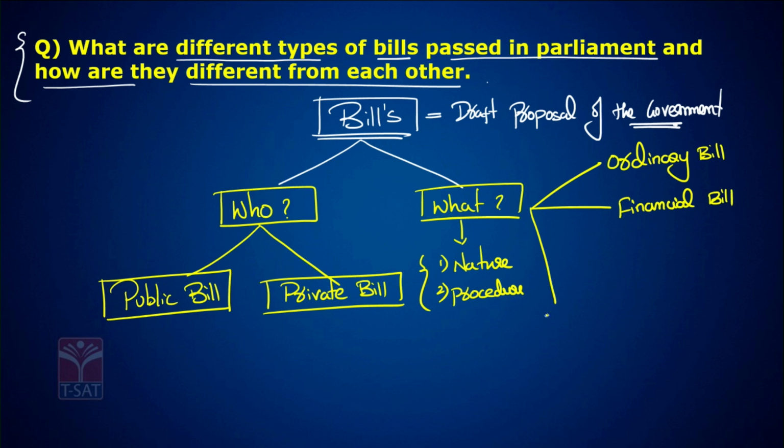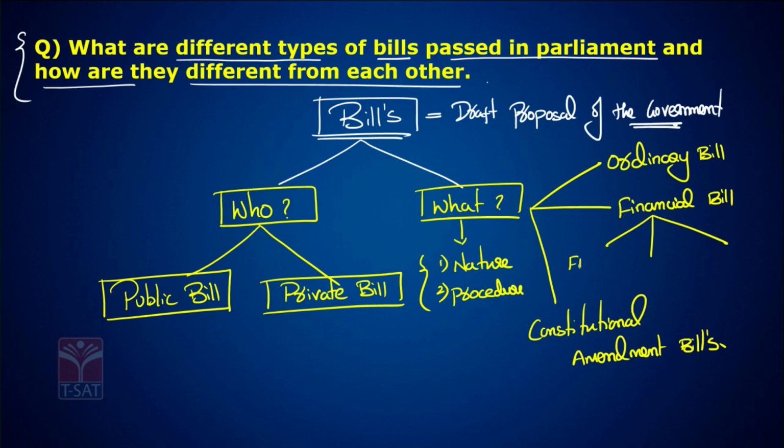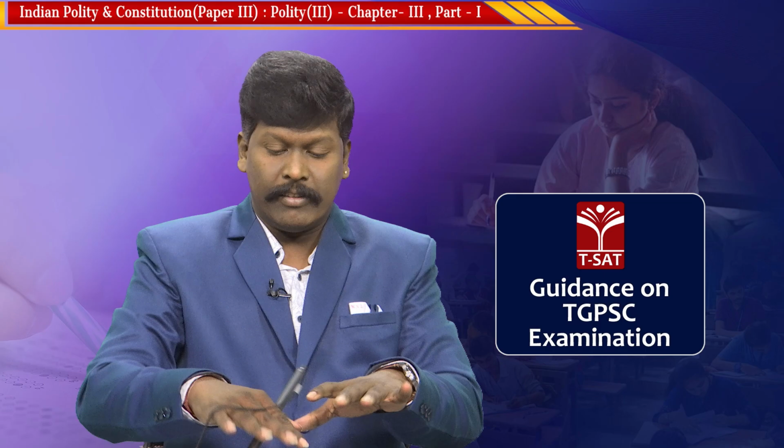And the third one is constitutional amendment bills. Financial bills are again divided into three types: financial bill type 1, financial bill type 2 and money bill. So this is the structure of the bill.